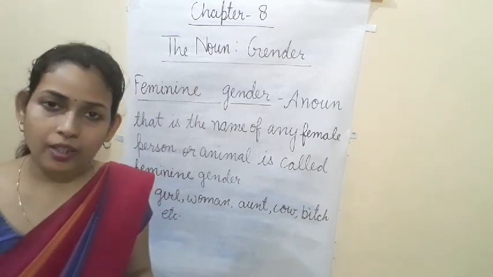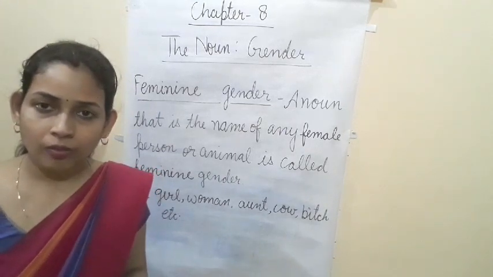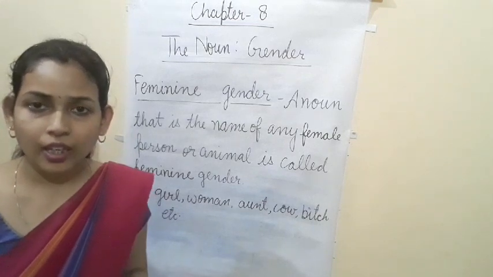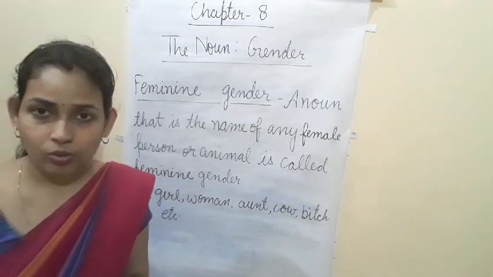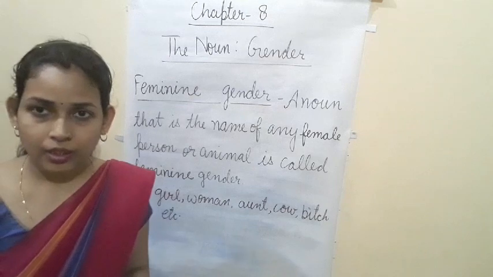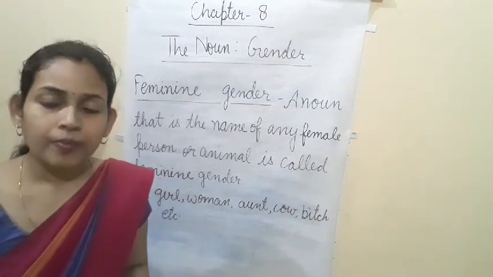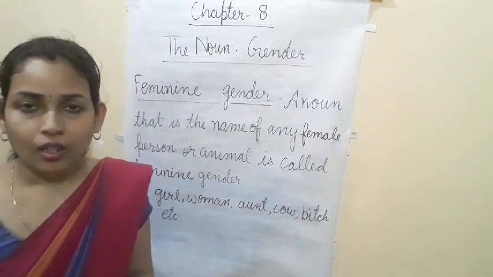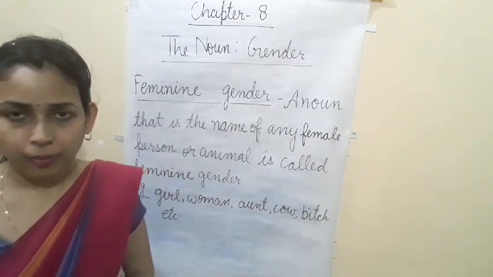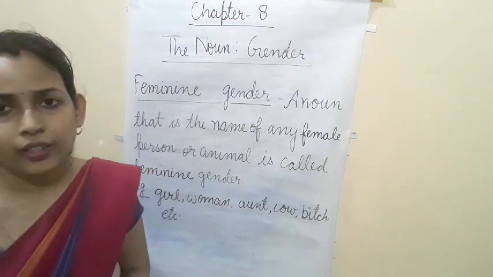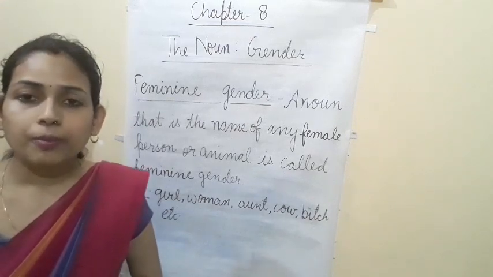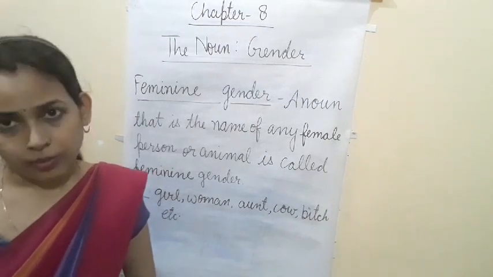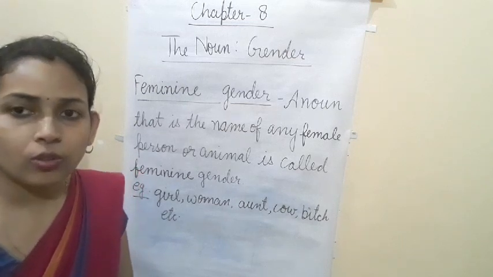We should also know how to change masculine gender to feminine gender, like boy, girl, brother, sister. These are the examples I have written. I hope feminine gender is also clear. It is very easy. It refers to the female person or female animals. Okay, move to the next.